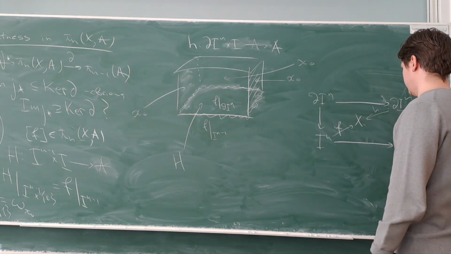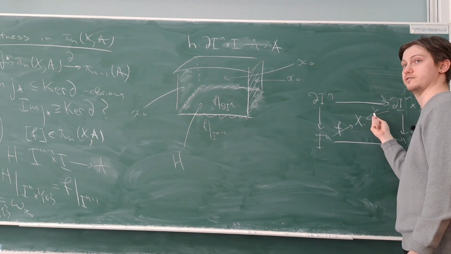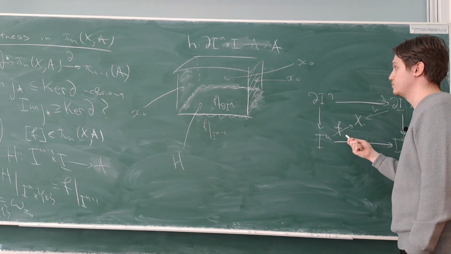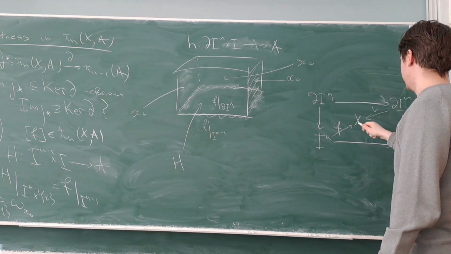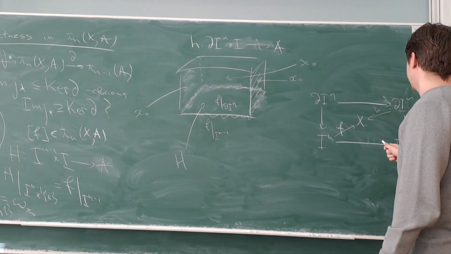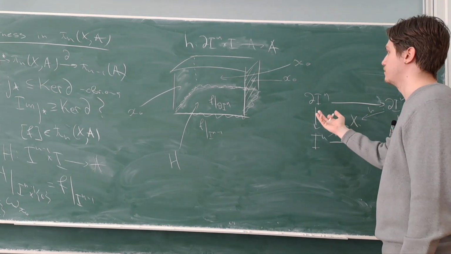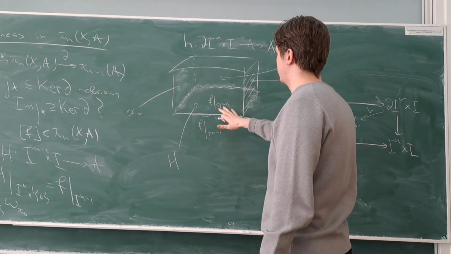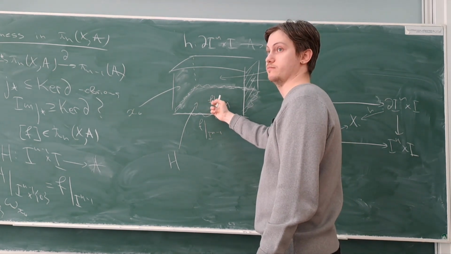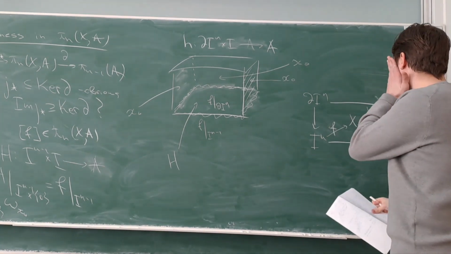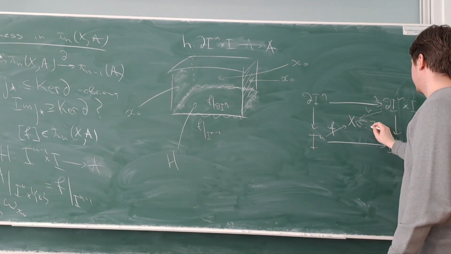This diagram is commutative. It is obvious because I defined small h such that it is commutative. The commutativity of this diagram precisely means that the restriction of your h to this lower part is precisely the restriction of f on the boundary of this cube. So it's commutative, and then we know by the Borsuk theorem that there exists such an arrow.